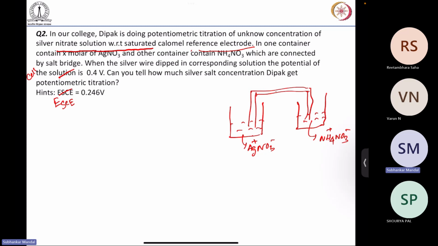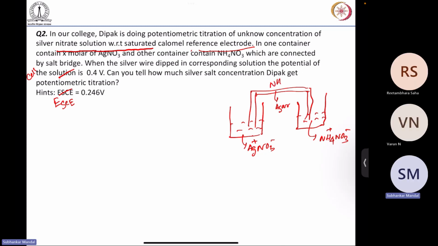So what is a salt bridge? Salt bridge is basically agar-agar gelatin, and in the salt bridge NH4+ and NO3- are there. On one side there is the calomel electrode, and on the other side the silver wire is dipped.